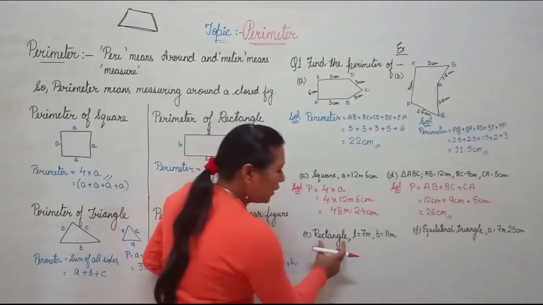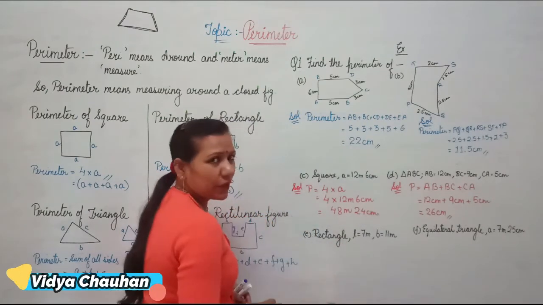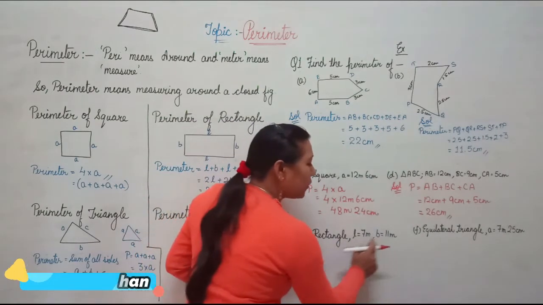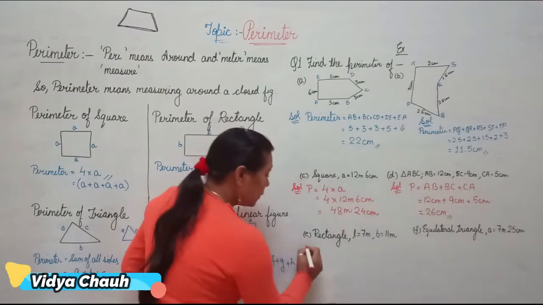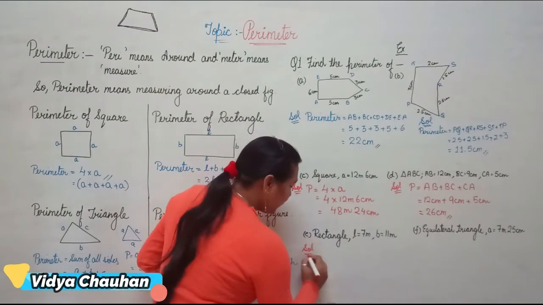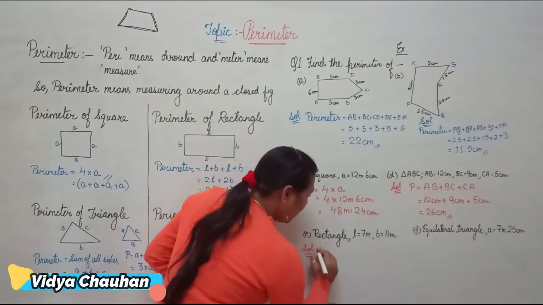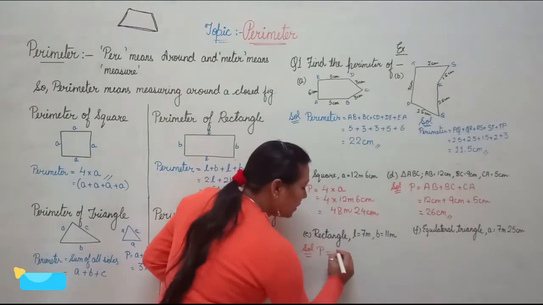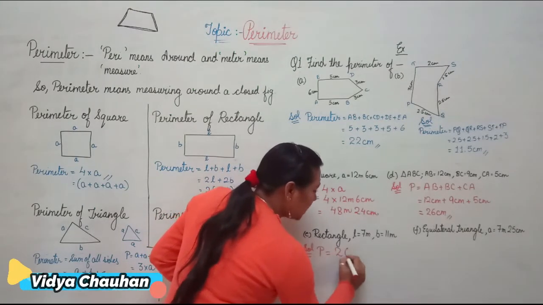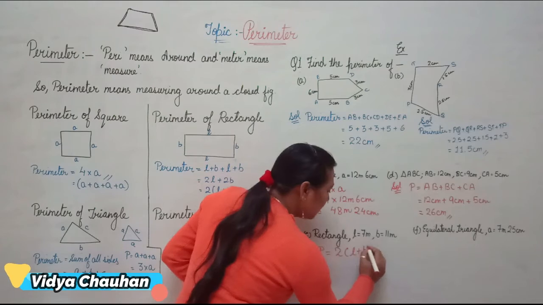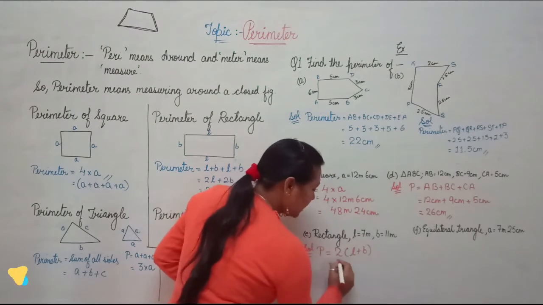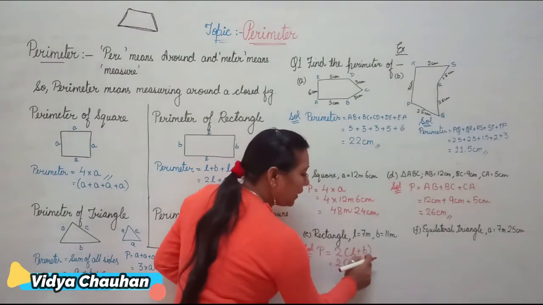Next part in which there is a rectangle given to us and the length and breadth are also known to us. So let's check out how to find the perimeter of the rectangle. So perimeter of rectangle, and what is the formula? Twice length plus breadth. In the next step I will put the values of length and breadth.